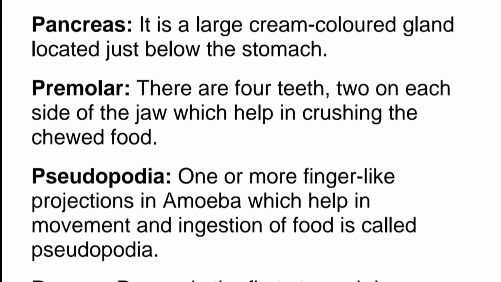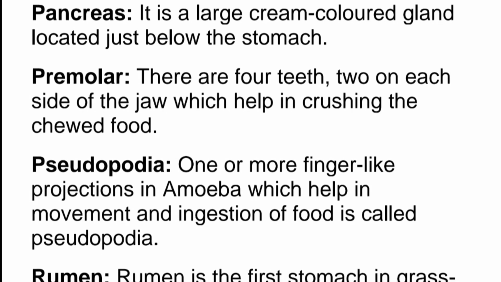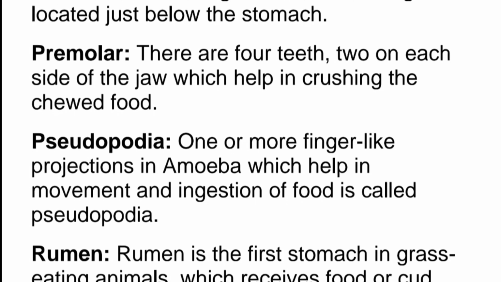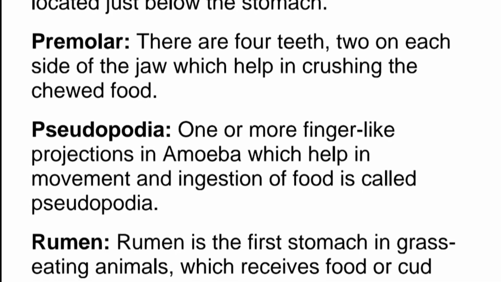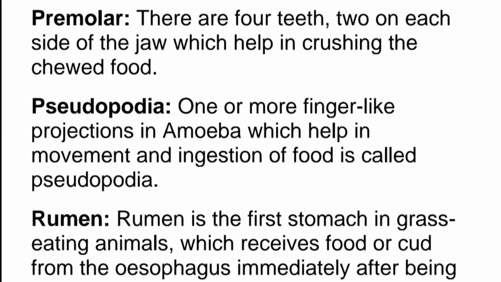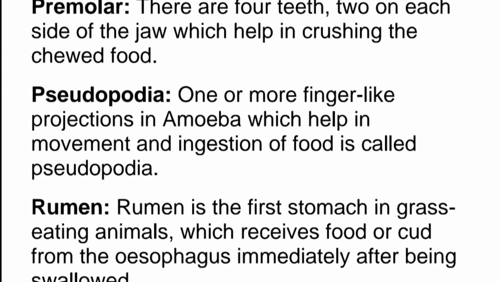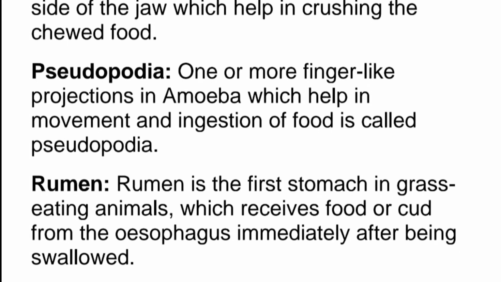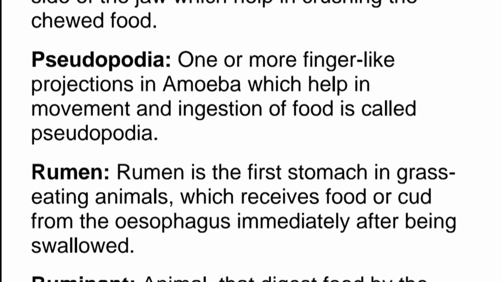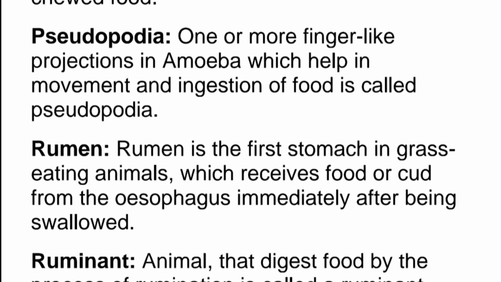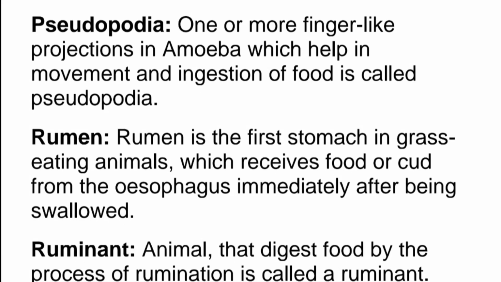Pancreas. It is a large cream-colored gland located just below the stomach. Premolar. There are 4 teeth, 2 on each side of the jaw, which help in crushing the chewed food. Pseudopodia. One or more finger-like projections in amoeba which help in movement and ingestion of food are called pseudopodia.